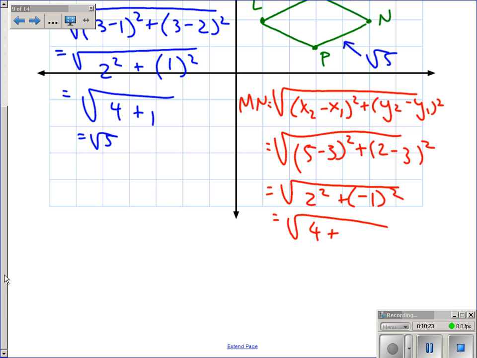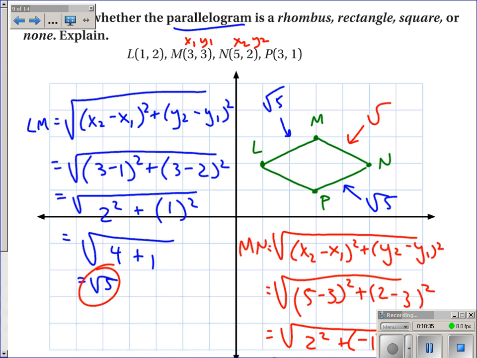Be very careful with negatives. Negative 1 squared is negative 1 times negative 1, which is a positive 1. And I get the square root of 5, which sounds familiar. That's what I got over there. So this is square root of 5, and since it's a parallelogram, the opposite sides are congruent. All the sides are the square root of 5, and so it is a rhombus. You can also see that the diagonals are perpendicular because they're horizontal and vertical.